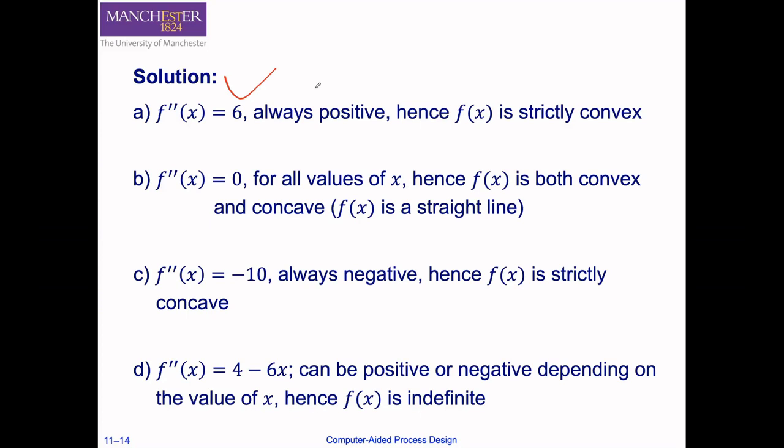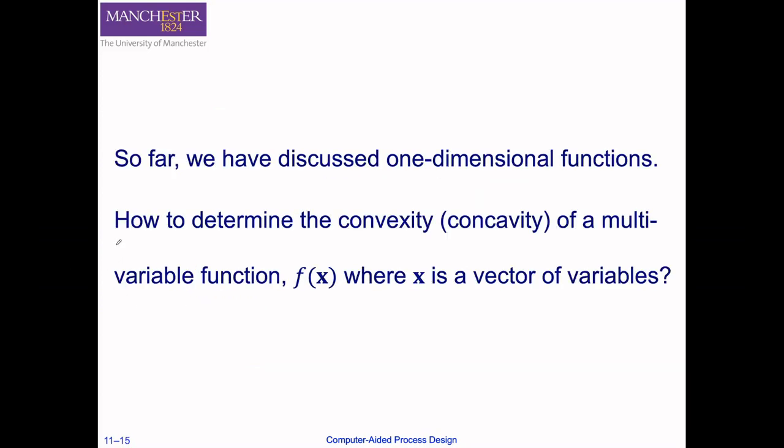So far, we talked about how to determine if a one-dimensional function is convex, concave, or indefinite by using the second derivative. If we have a function with multiple variables, then how can we determine the convexity and the concavity of this multivariable function?